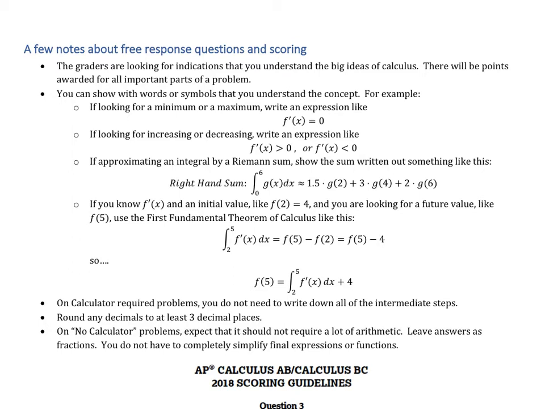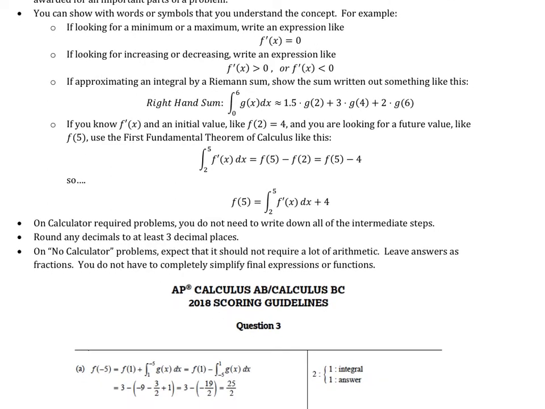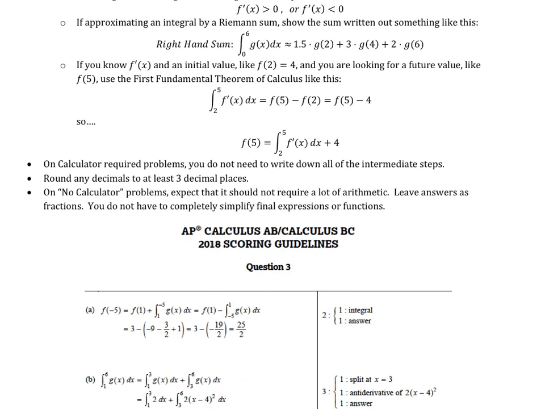And a lot of times we'll be asked for a Riemann sum, or to approximate an integral with a right hand sum or left hand sum or whatever. Write those out. We're saying that an integral is approximately, and we have these widths times these values. All right. So then, if we have f prime as an initial value, we kind of saw this a moment ago.